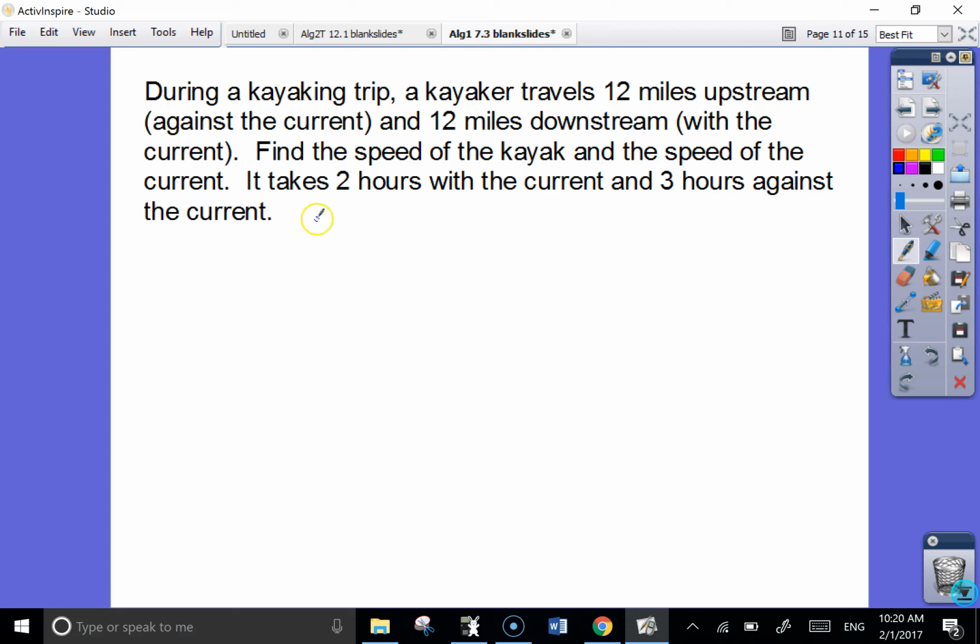So let me see. I'm going to call K equals the speed of the kayak. C is going to be the speed of the current.